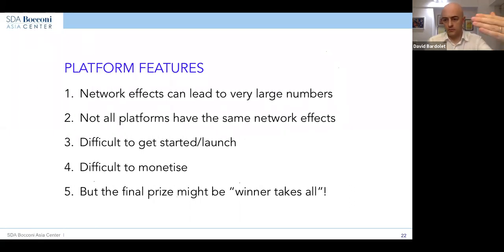So you've seen this basic cycle of network effects. You see how difficult it is to get started and monetize. But the big prize that the platform is always chasing is this winner takes all, right? You grow your platform so much that you become the only competitor in the market. And no one leaves because the size is attractive.